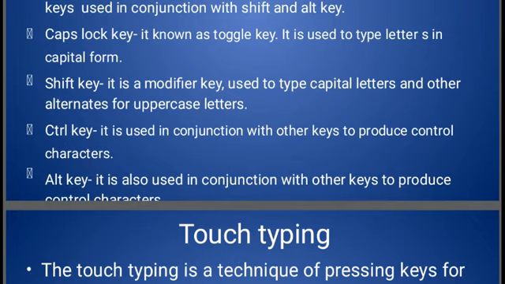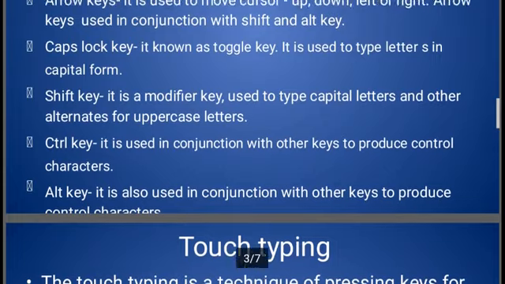Control, alt and shift cannot be used alone. We must press another key while holding Alt, Shift or Control, and we can perform our work by using a shortcut. Different applications have different kinds of shortcuts. Okay, so these are the special keys.